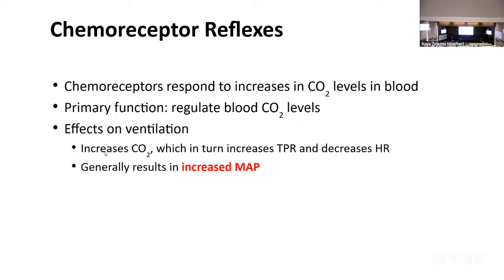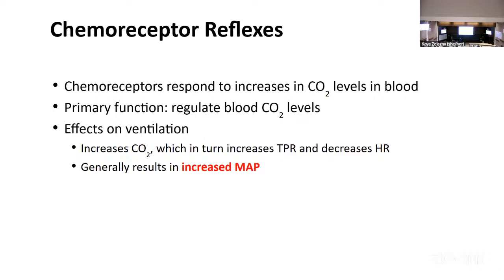We're going to change our breathing, and we'll talk about what that does to exchange of the blood gases. But at the same time, we're going to see an increase in total peripheral resistance as an effect of the chemoreceptors sending out signals through your body. We're going to see a decrease in heart rate.